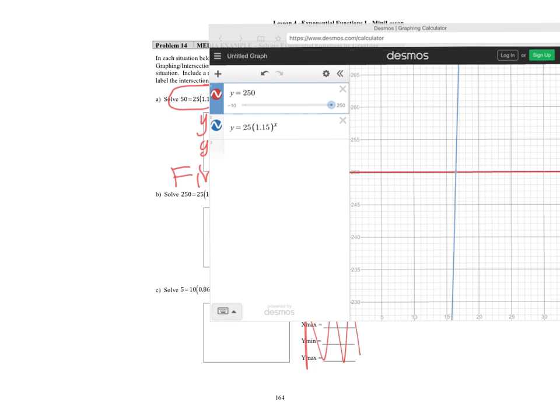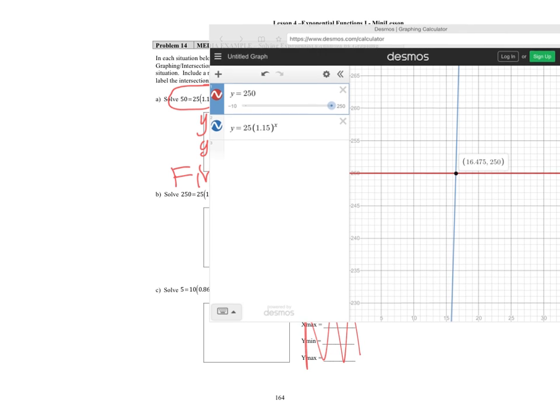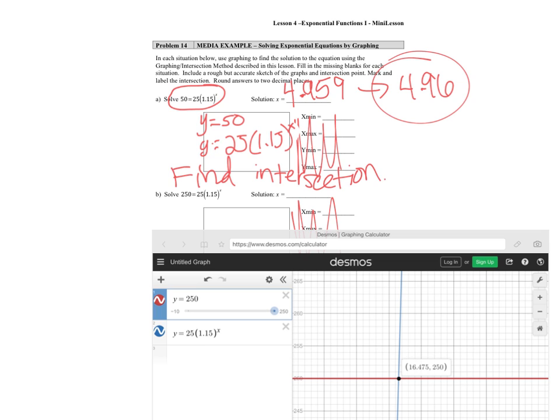And our point of intersection, I can just tap right there and it shows me, is 16.475, comma, 250. So 16.475 is our x value. Now they want it to 2 places past the decimal, so I'm going to go 16.48. I keep forgetting to get off the pen.